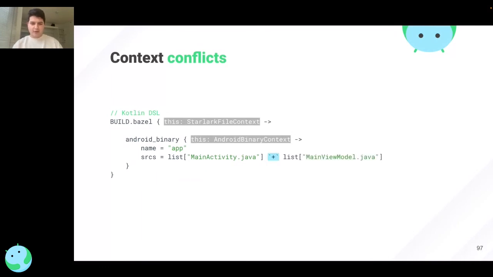However, here we might have another problem. What if inside this Android binary, when we are passing values to the argument, we want to use this plus operator, which is actually declared in the outer context? After what we have just done with the DSL markers, this code will not compile anymore.